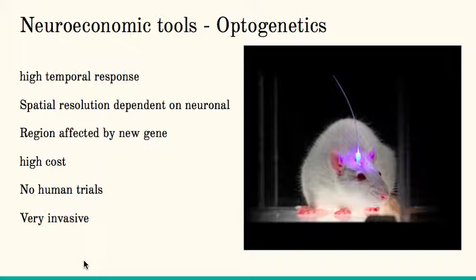They've identified these genes that are promoting the development of specific neurons that they're trying to research. And so when they inject the gene, these neurons grow with this photosensitivity.